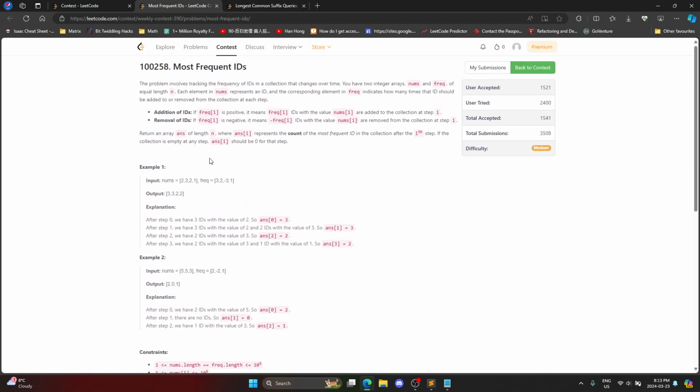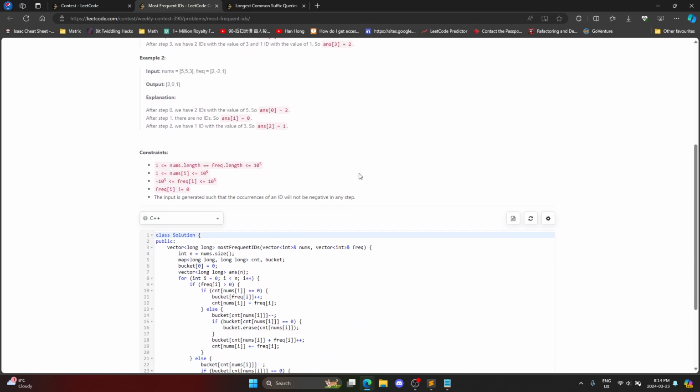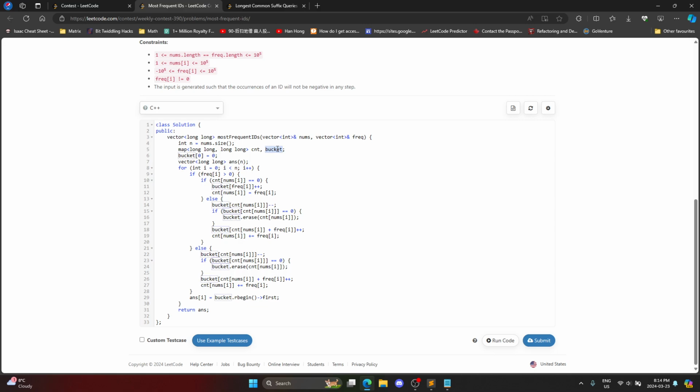Of course, the problem is that every step you have to somehow get the frequency of the most frequent ID. So what I did was a bucket thing.